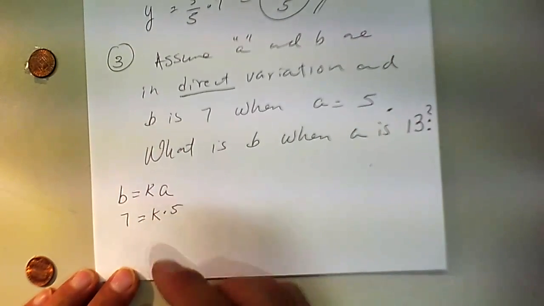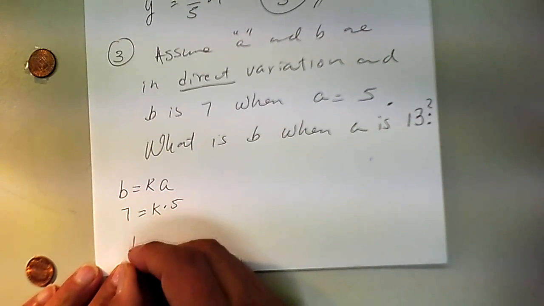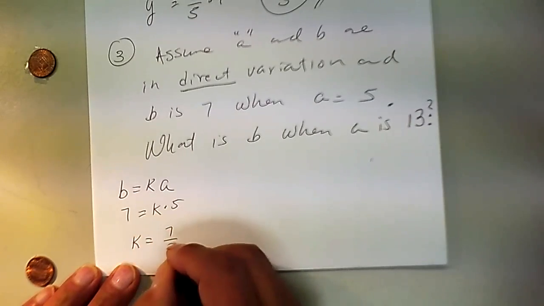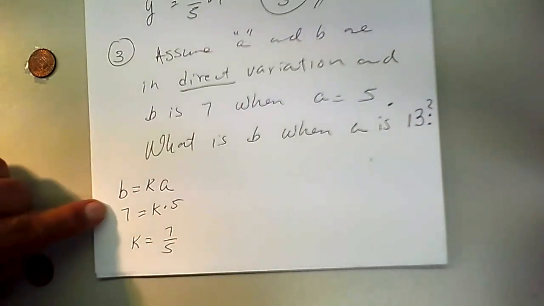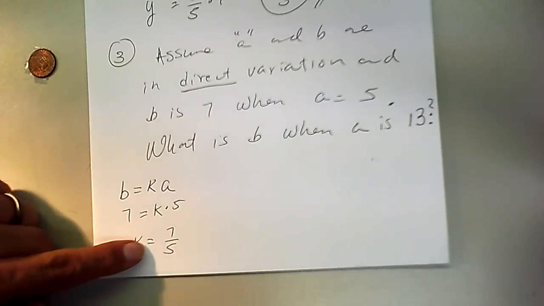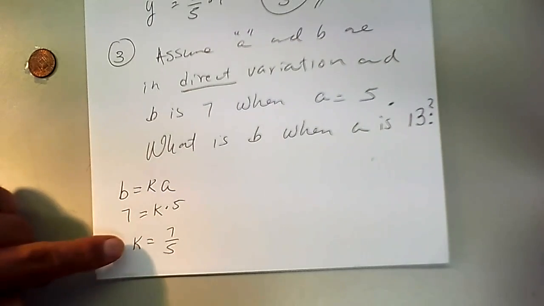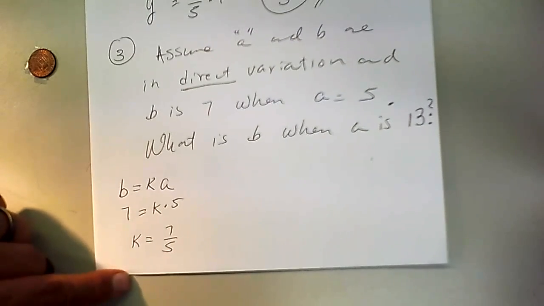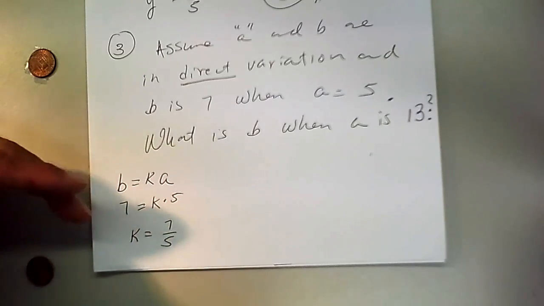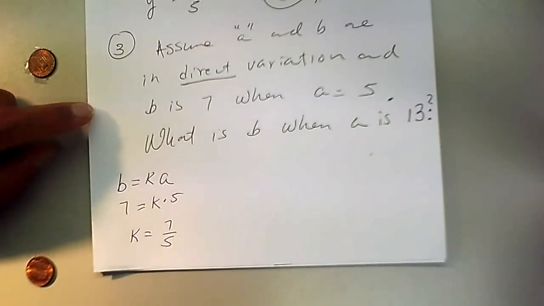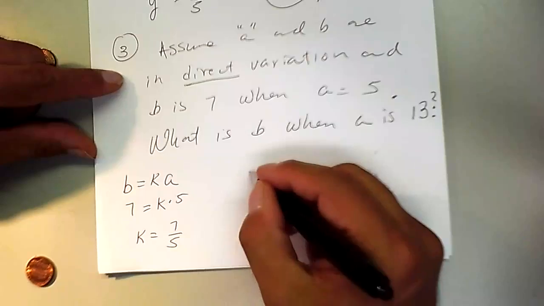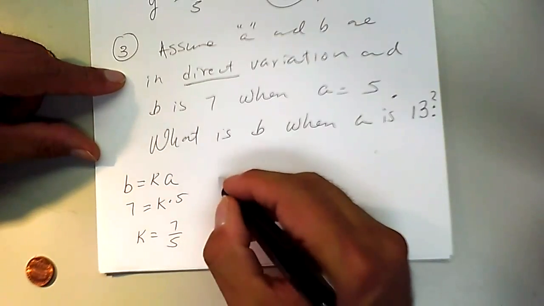So we solve this equation and state that k equals 7 over 5. Watch out, it's very easy to mix those two and have 5 over 7 instead. I've seen that even in calculus. I've seen students make that mistake, so be careful with it.